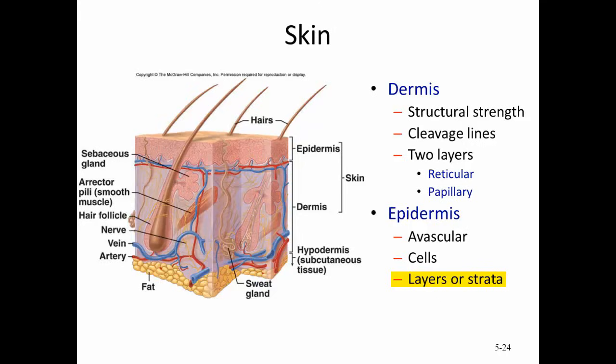Skin, if we're talking about thick skin, and that's going to be on the palms of the hands, the fingertips, and the soles of the feet, that is going to have 5 layers. If we're looking at the rest of the skin, there's going to be 4 layers of epidermis. Okay, so 5 layers of epidermis for palms, fingertips, soles of the feet, 4 layers of epidermis for the rest of the body.